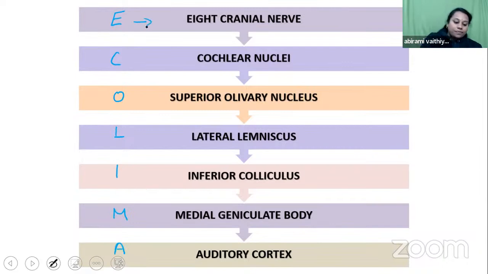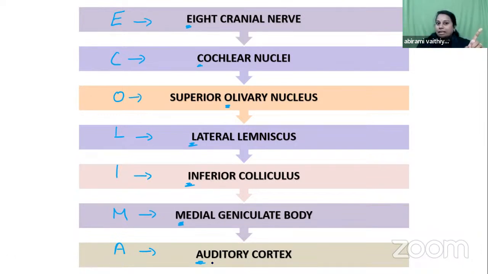E for 8th cranial nerve, C for cochlear nucleus, O for olivary nucleus, L for lateral lemniscus, I for inferior colliculus, M for medial geniculate body, and A for auditory cortex: ECOLIMA.